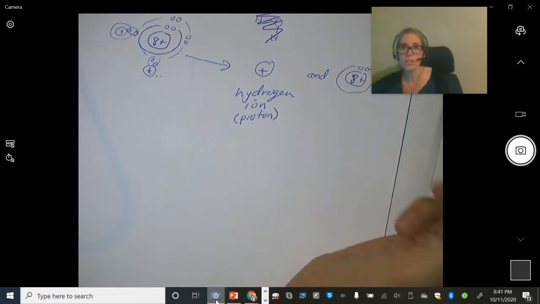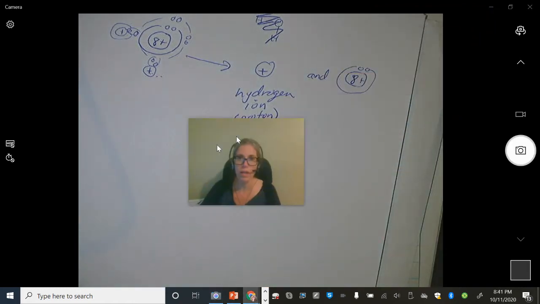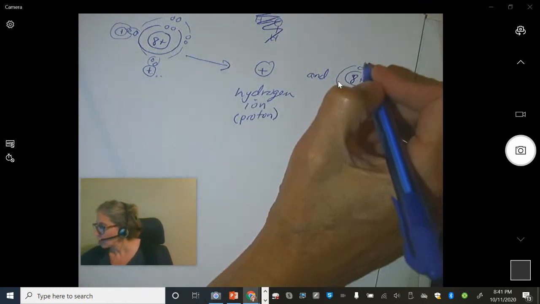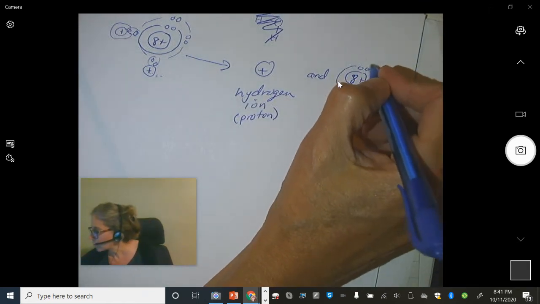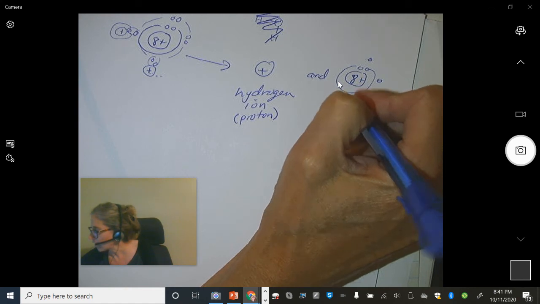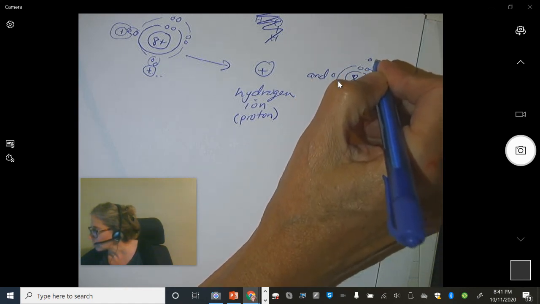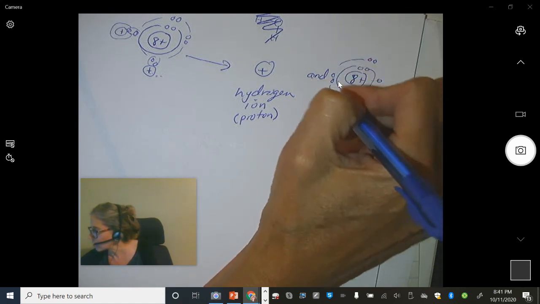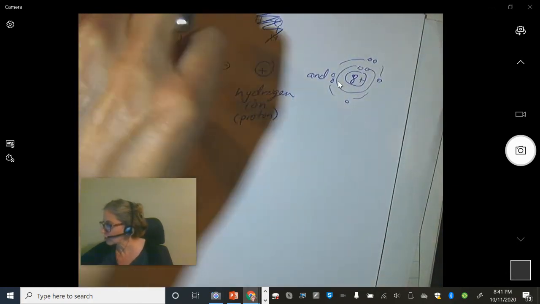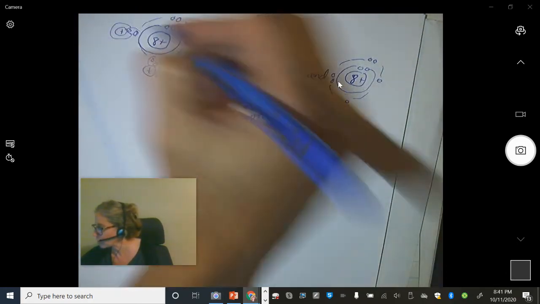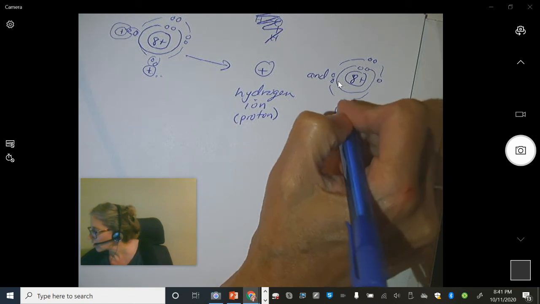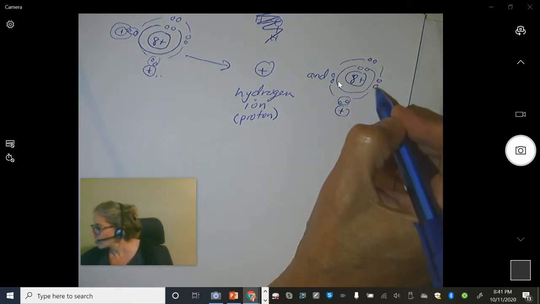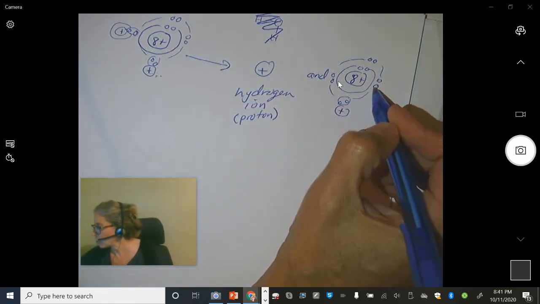Here's the electrons. Let's see. So 1, 2, 3, 4, 5, 6. I'm going to do 7, 8 here. We'll pretend it turned a little because I have the word and there. It's in the way. So this one I'm just going to draw right here. All right. So notice that this electron stayed put with this one.